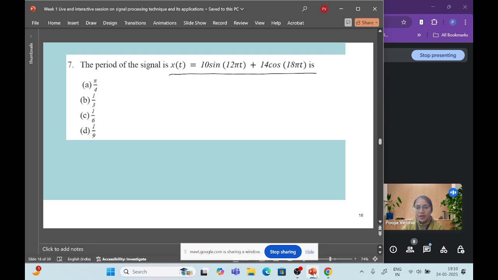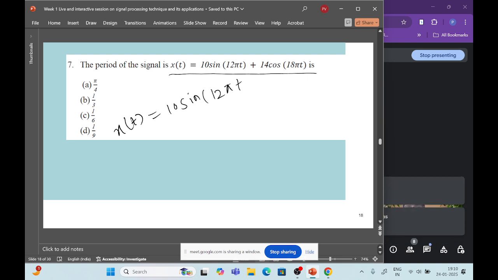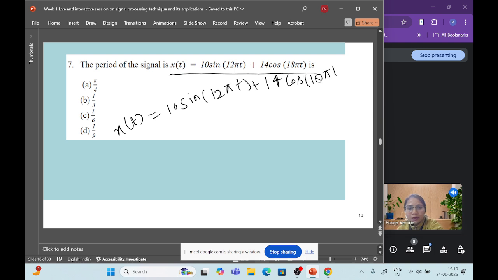So how can we find out the period of the signal? The signal is given as 10 sin 12 pi t plus 14 cos 18 pi t.